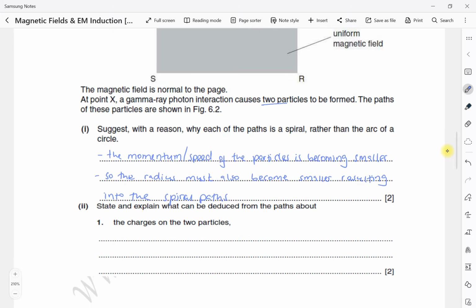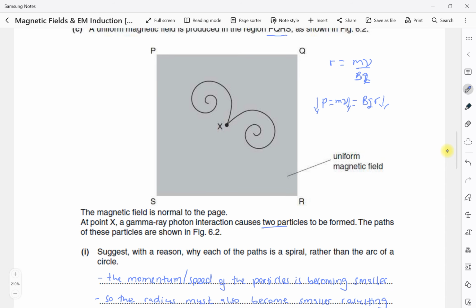State and explain what can be deduced from the paths about the charge on the two particles. We see that the particles are moving away from each other, and that means that the charges could be having the same sign. So the spirals are in opposite directions, so the particles have opposite charge.